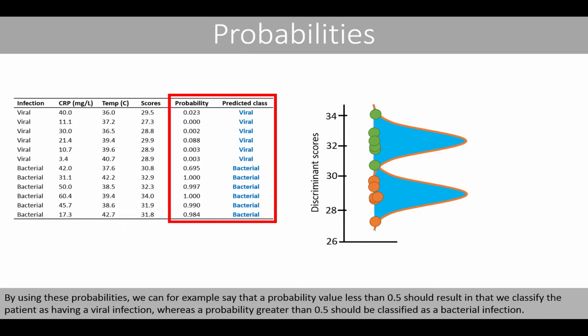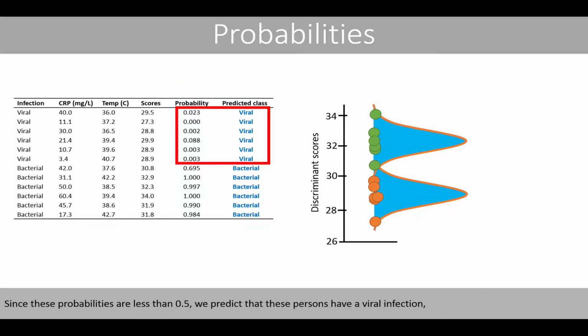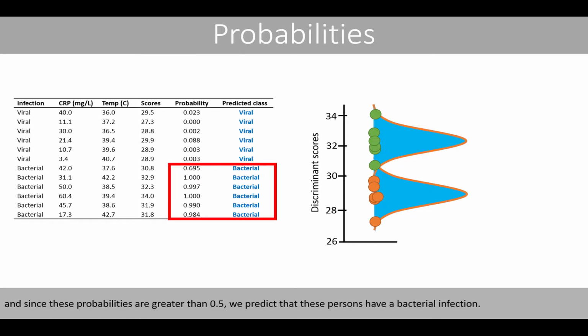By using these probabilities, we can for example say that a probability value less than 0.5 should result in that we classify the patient as having a viral infection, whereas a probability greater than 0.5 should be classified as a bacterial infection. Since these probabilities are less than 0.5, we predict that these persons have a viral infection. And since these probabilities are greater than 0.5, we predict that these persons have a bacterial infection.